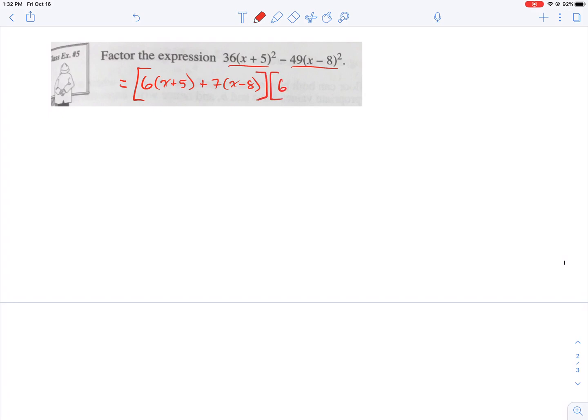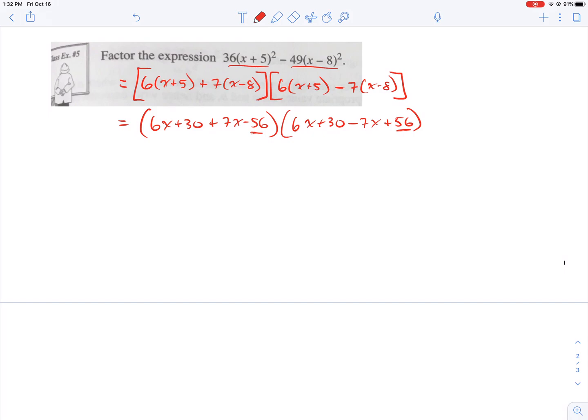And then we'll have 6 times x plus 5 minus 7 x minus 8. 6x plus 30 plus 7x minus 56. 6x plus 30 minus 7x plus 56. Okay, you can see the difference is right there. Oh, and I guess there too.